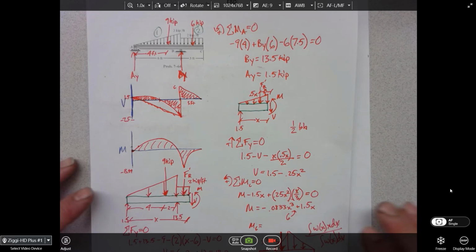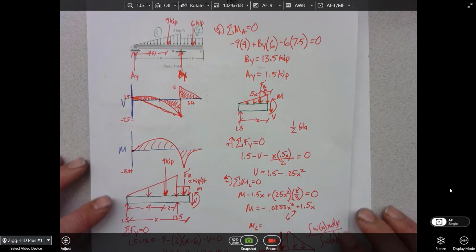It's By, sorry. So it looks like I'll have negative 9 times 4 plus By times 6 minus 6 times 7.5 equals 0.